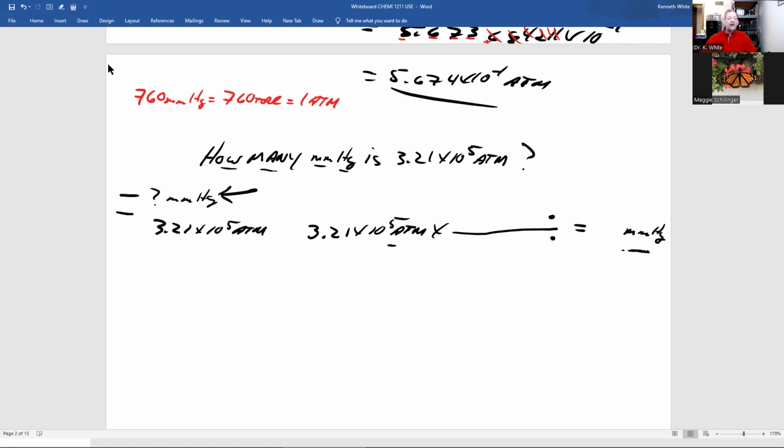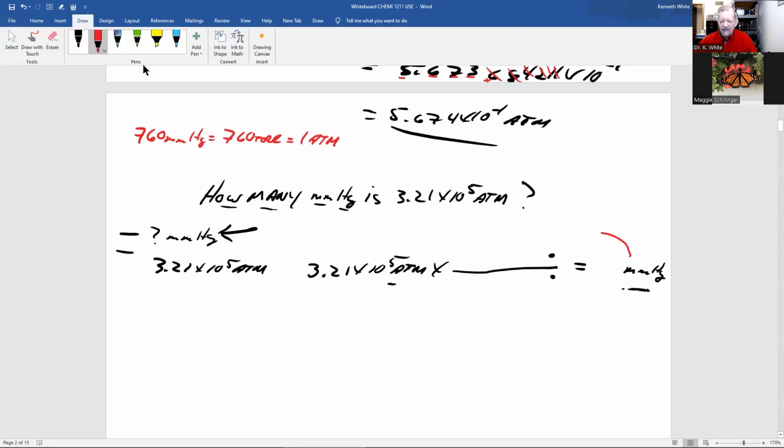All right, let's use our good friend, unit analysis. Whatever we're trying to get to, units go on top of the ratio. Whatever we're trying to get rid of, go underneath. And now write that down.